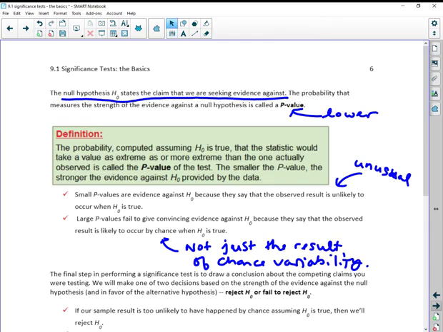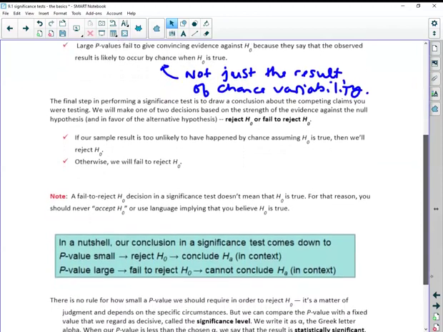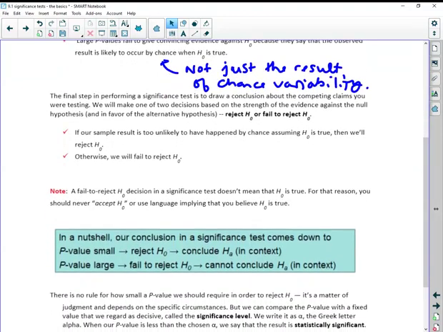And then I'll let you read through these pages about what we're going to be doing. We're making a decision to reject our null or a decision to fail to reject our null. We never conclude that the null is true because we don't really know if it's true.